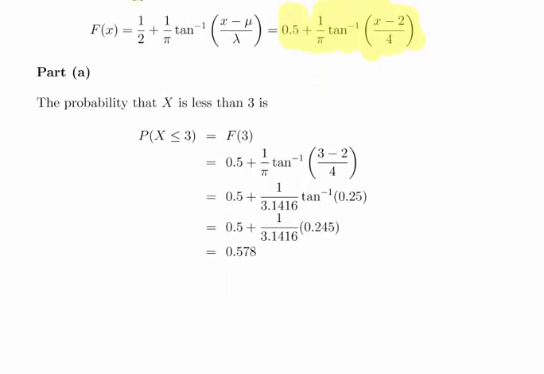The probability of x less than or equal to 3 is denoted here as f of 3: 0.5 plus 1 over pi times the arctan, tan to the minus 1, of (3 minus 2) divided by 4. 1 divided by 4 is 1 quarter. Get the inverse tan of that, 0.25. We divide that by pi, and then we add 0.5 to everything, and the answer works out to be approximately 0.578. So that's the answer to the first one.